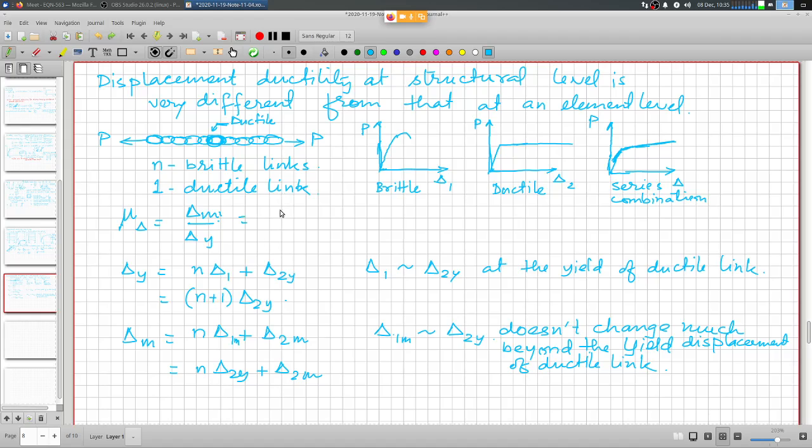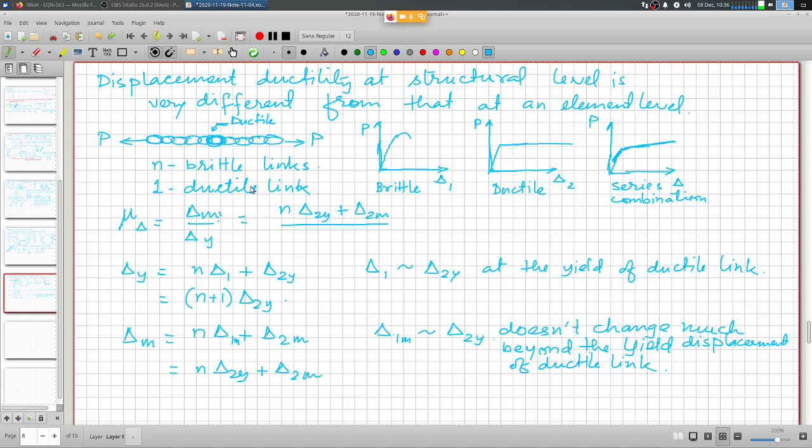n times delta 2y, because each of these n number of links will move by the same amount. Because all of them carry the same force, they will have this displacement plus delta 2m.